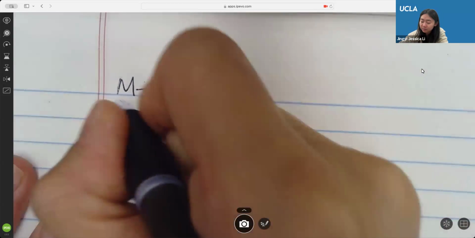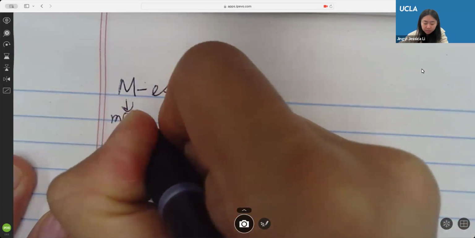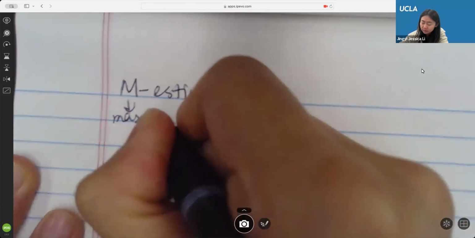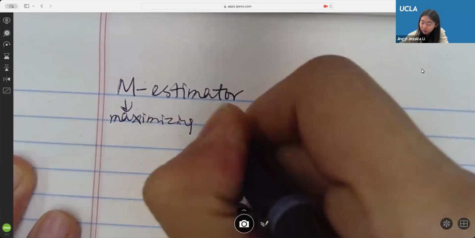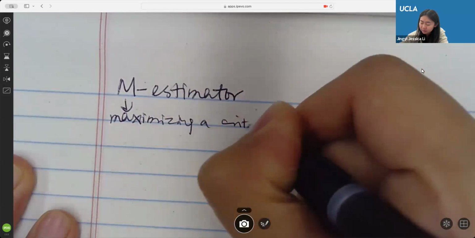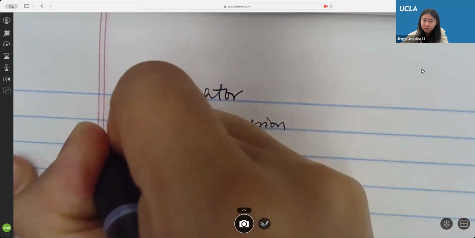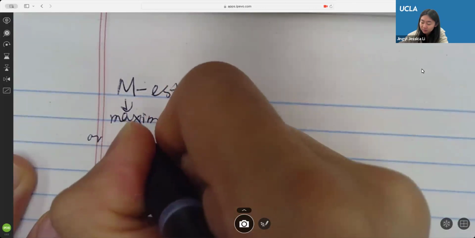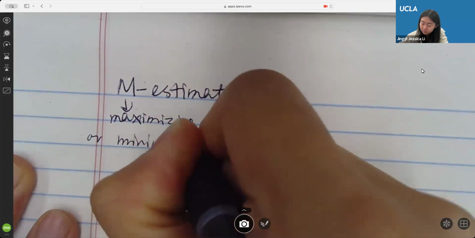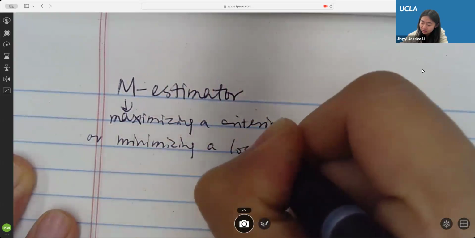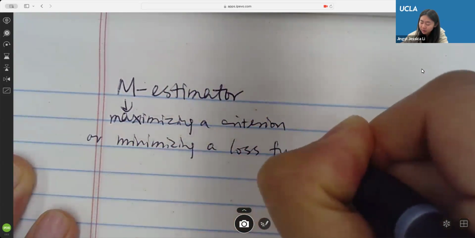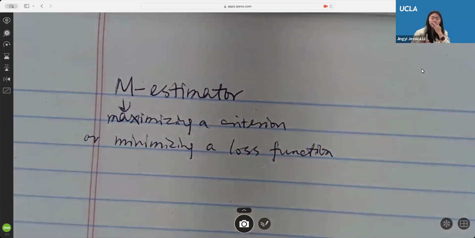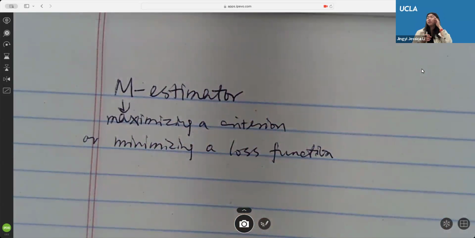So this M stands for maximizing a criterion or minimizing a loss function. So either way, depending on whether you set a criterion to be maximized to find your estimator, or you set a loss function to be minimized to find your estimator.